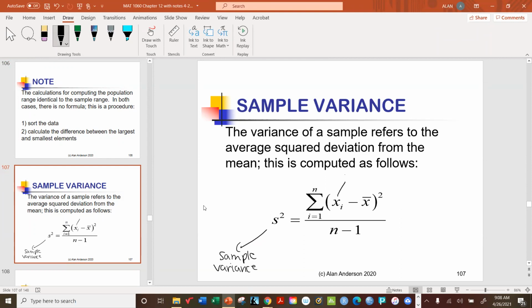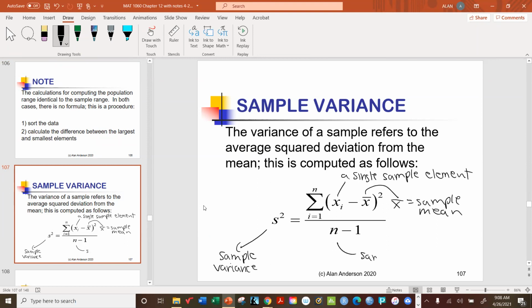This is a single sample element. This is X bar, the sample mean. And this, of course, is the sample size.